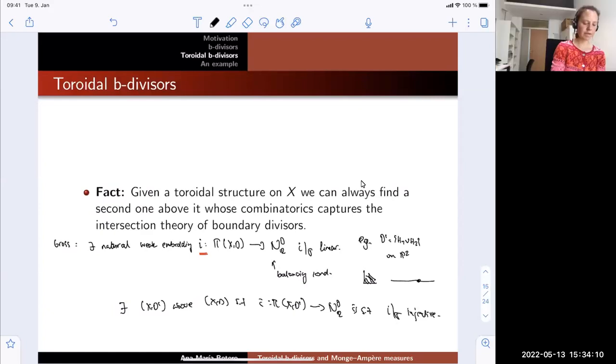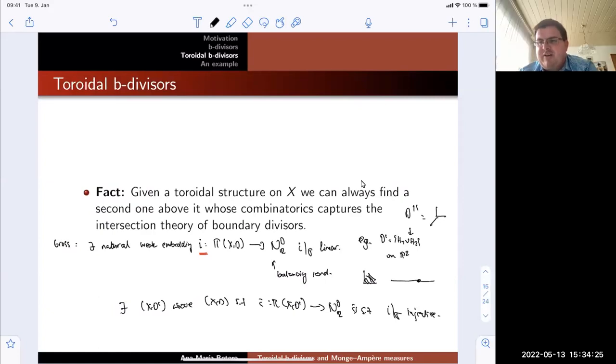Like in this case, you have H1 and H2, and here you can enlarge it to D prime or to D 2 prime, just by adding the other hyperplane. I see. This is the type of operation. Exactly. Okay, thanks.